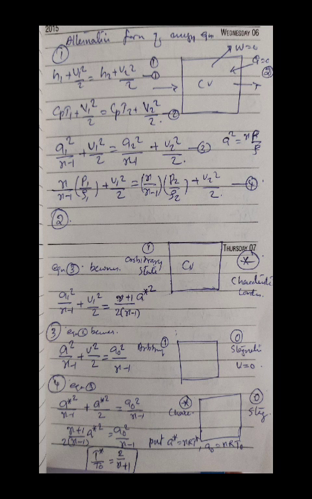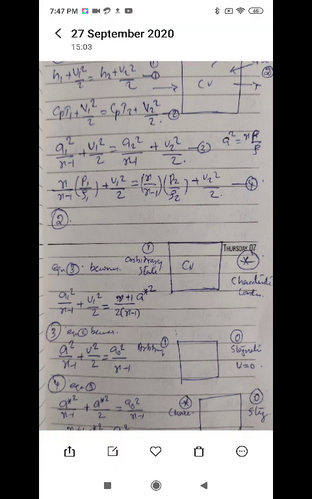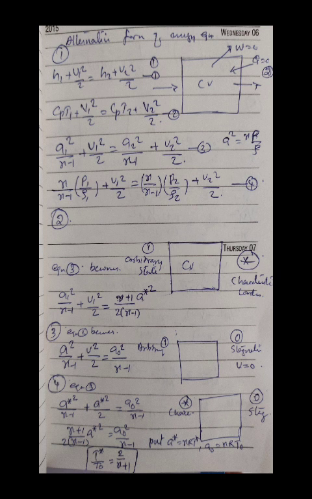This is another expression. And if you take a control volume like this, in the third figure, state 1 is any arbitrary condition and state 2 is the stagnation condition. The equation becomes A square by gamma minus 1 plus V square by 2 is equal to A0 square by gamma minus 1.